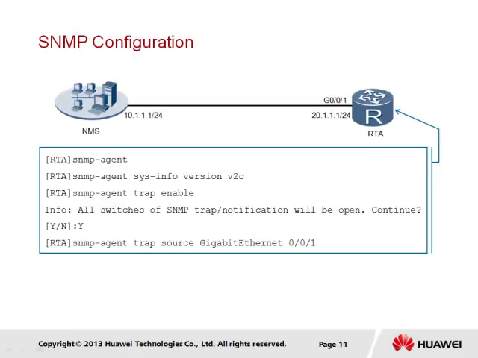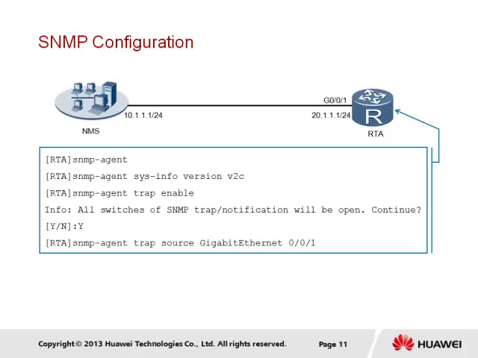We demonstrate here how SNMP is implemented on a network element, which in this case can be understood as RTA. We are required to initiate the agent process on the network element, and this is achieved through the snmp-agent command. We may also be required to specify the particular version of SNMP that is to be used. Within VRP, all versions of SNMP are enabled by default.